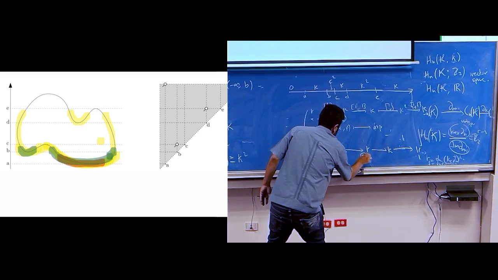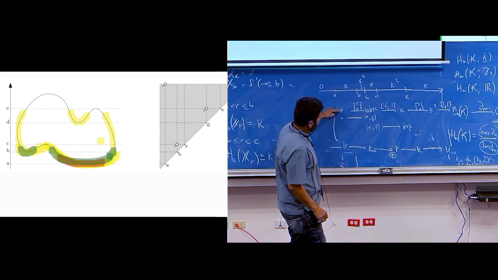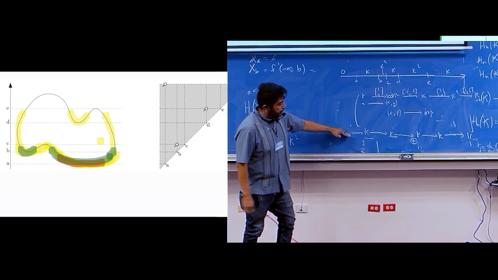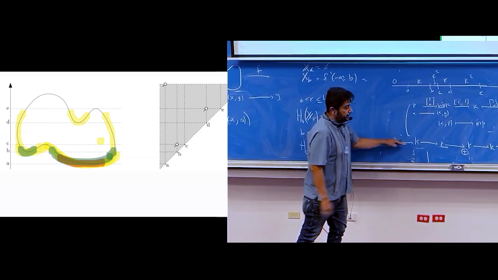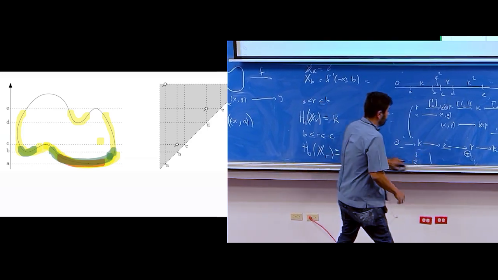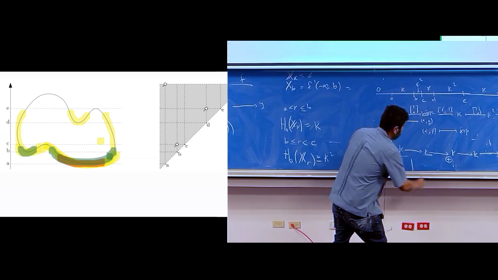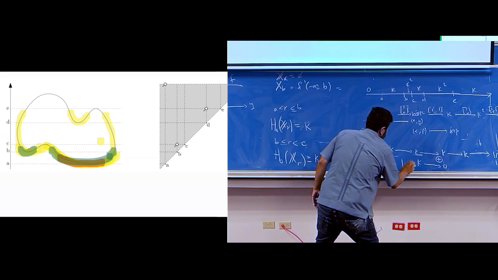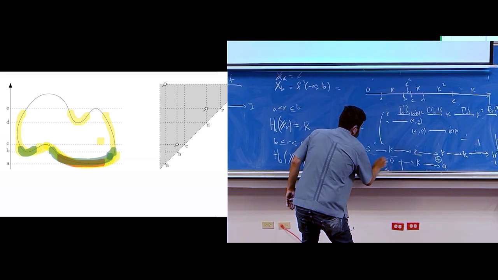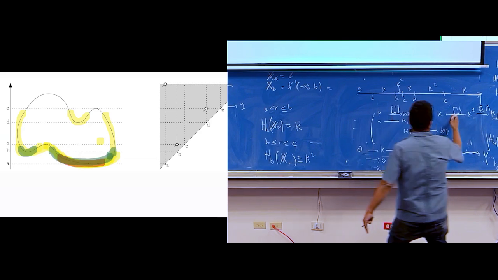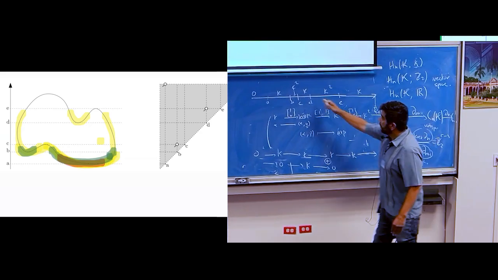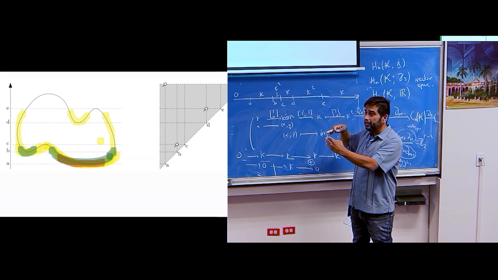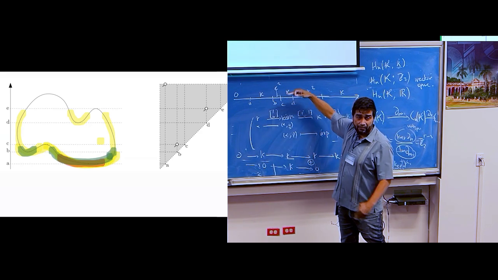So you have K surviving all the time. This is one of the intervals. The other interval is going to be the one that goes from here to here, which is K, 0. And the other one is another K that is around this interval. So in this interval you have a K, in this interval you have another K, and that's the sum of these two things.